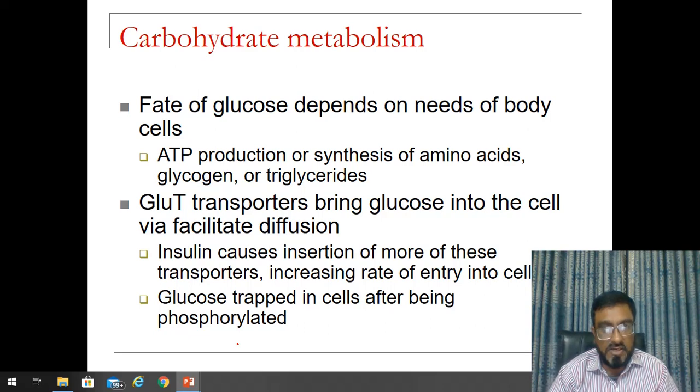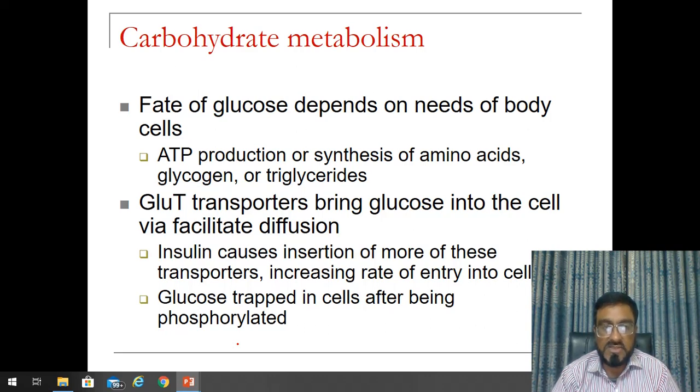We will be talking about carbohydrate metabolism, as we take a lot of carbohydrate in our daily diet. First of all, the complex carbohydrates have to be converted into simpler substances, just like glucose. Glucose is the simplest substance, a monosaccharide.